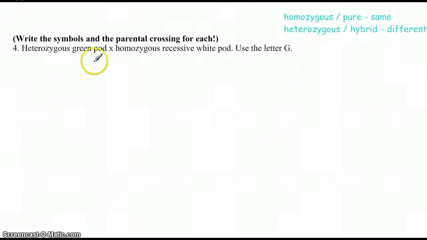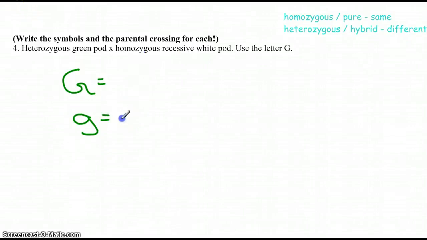Okay, number 4. Heterozygous green pod crossed with a homozygous recessive white pod. So I've got pods, green, white, and it wants me to use the letter G, so capital G, lowercase g. Heterozygous green doesn't tell me if it's dominant or not, so let me go to the other one. Homozygous recessive white.